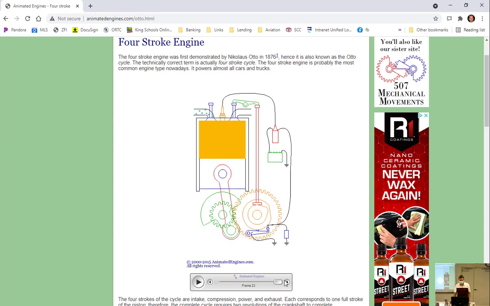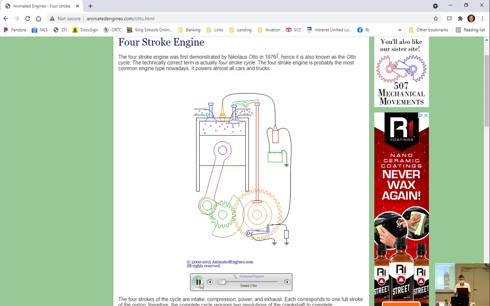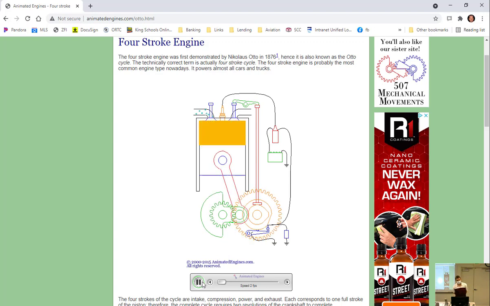Then, because it's all burnt, it starts to push it out the exhaust and starts the entire cycle all over again. So that is what it does. So here we have compression, ignition, power stroke, exhaust stroke.